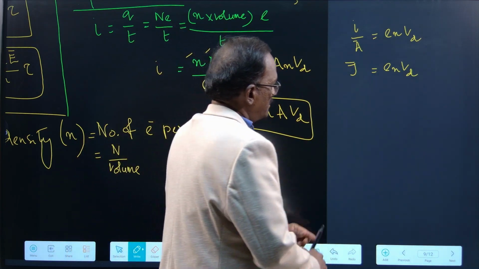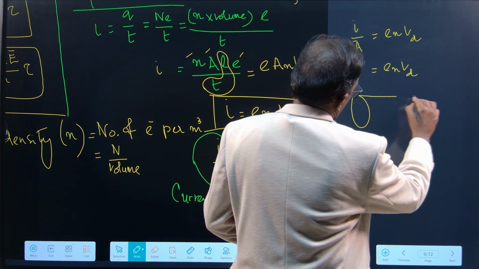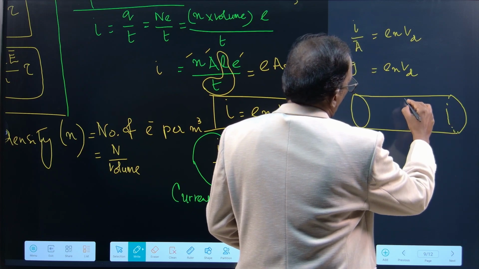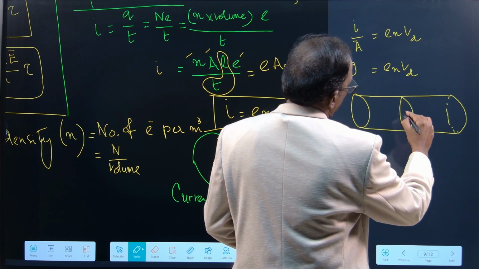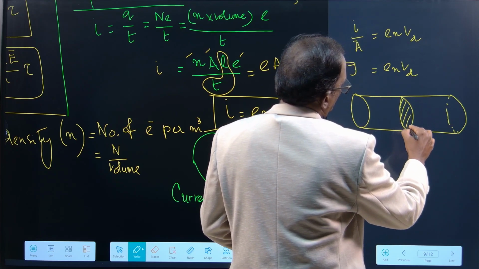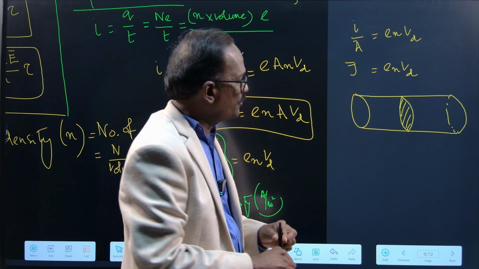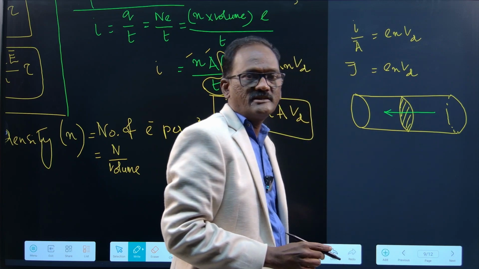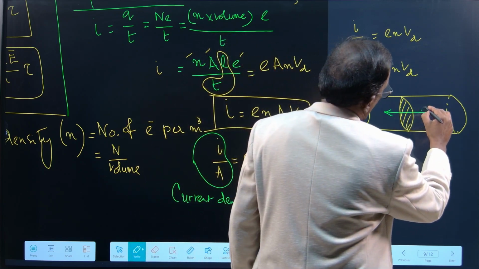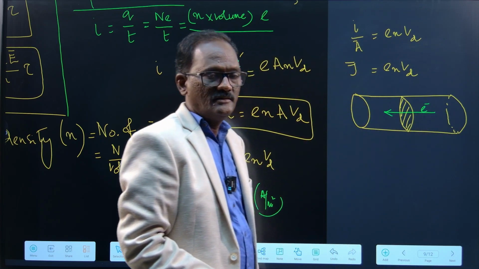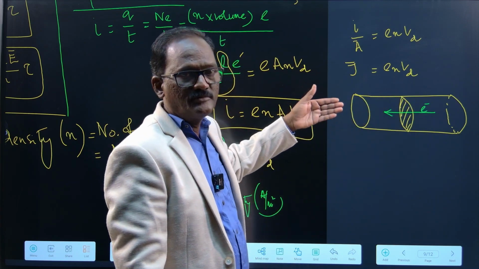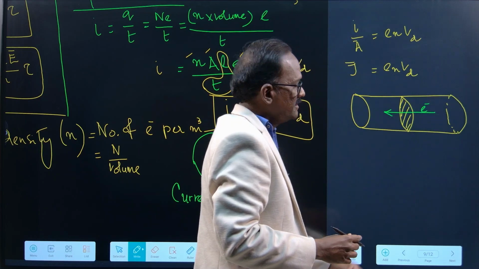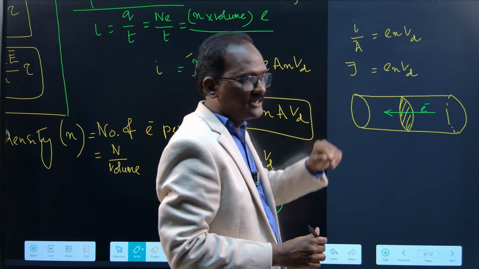That means in a conductor, all the electrons are expected to flow through the normal direction of its cross section. If they are flowing normally to the area vector, the current density is defined, right?